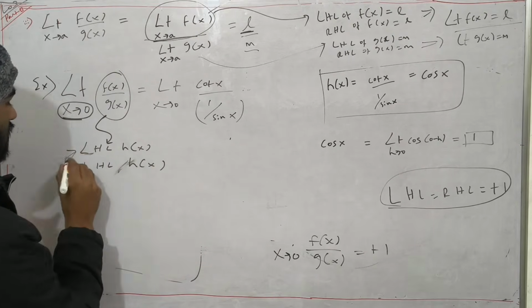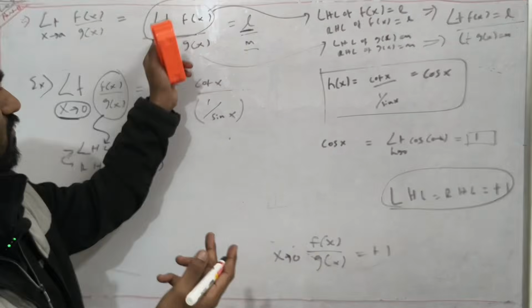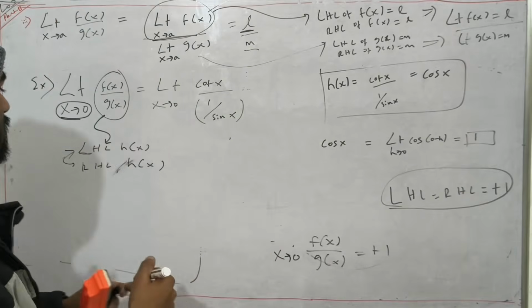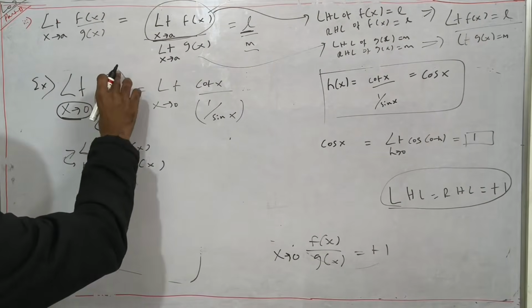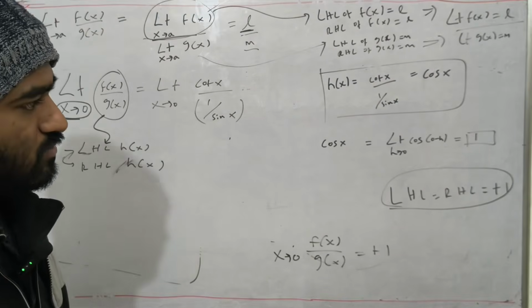If they are equal, then the limit exists and we get some value. Before, it was the full limit of individual functions. So when the limit of individual functions doesn't exist, you should combine the function, then find the left hand limit and right hand limit. This is how we will do it.